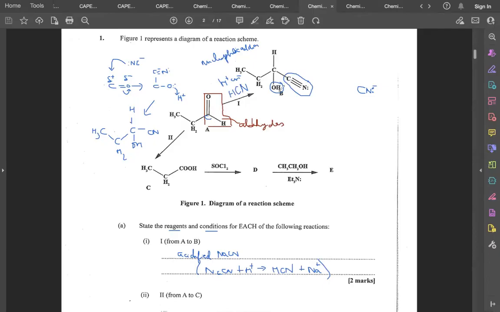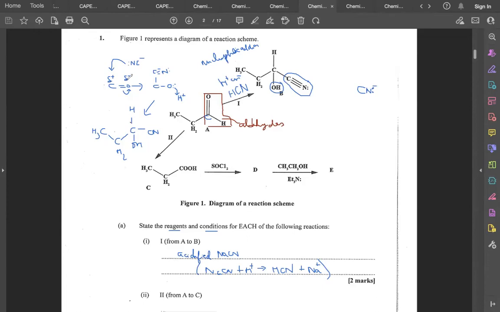And then the OH is also coming into play because of how the nucleophile does its thing, right? So the nucleophile, which is CN or cyanide ion, comes in and attacks the positive end of this carbonyl bond because it's C and O, right?